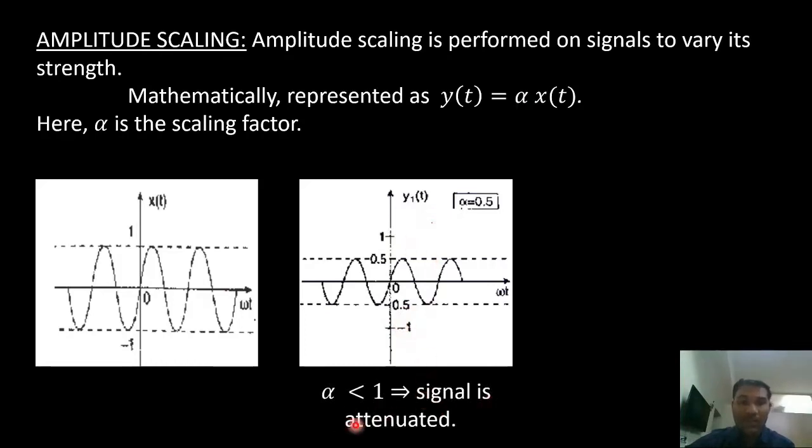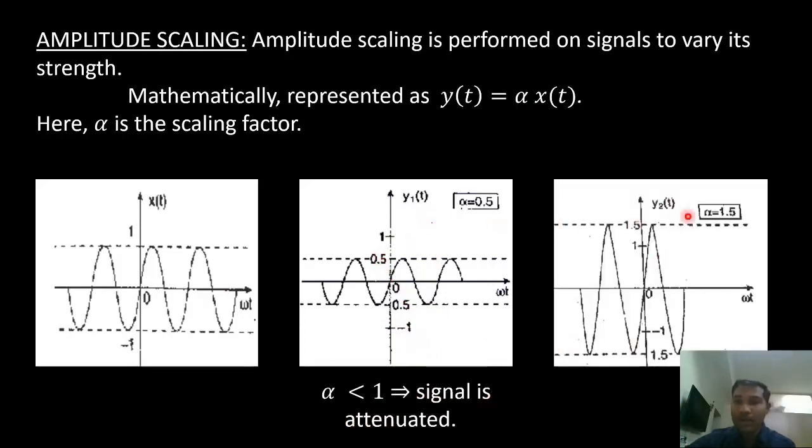Less than 1 means the signal is attenuated. Greater than 1 means it is amplified. So mathematically, y of t is equal to alpha into x of t. I am multiplying alpha to the amplitude, so it is amplitude scaling. Previously, we have seen time scaling.